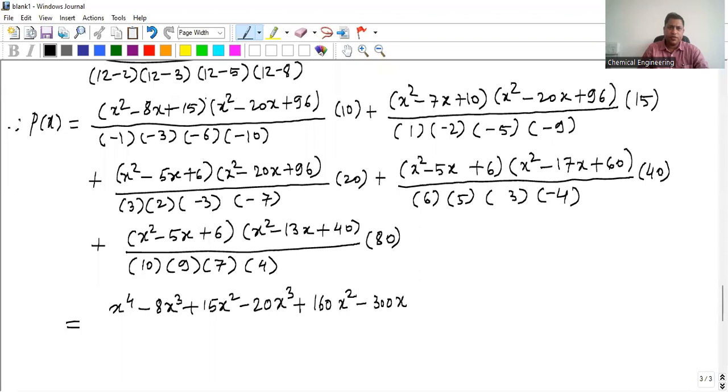So we are multiplying these two terms, minus 20x and plus 15. Now plus 96x square. Okay, minus.